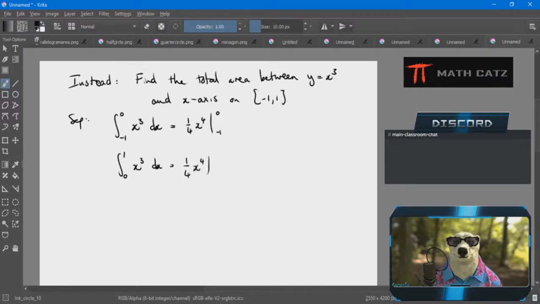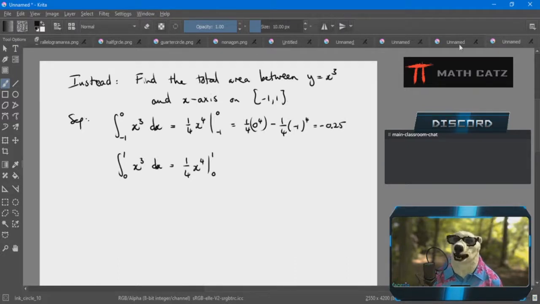This is going to have the same antiderivative, but I plug in different values. This one on the left is going to require that I plug in a 0, subtract, plug in a -1, and what am I going to get? I'm going to get negative 0.25.